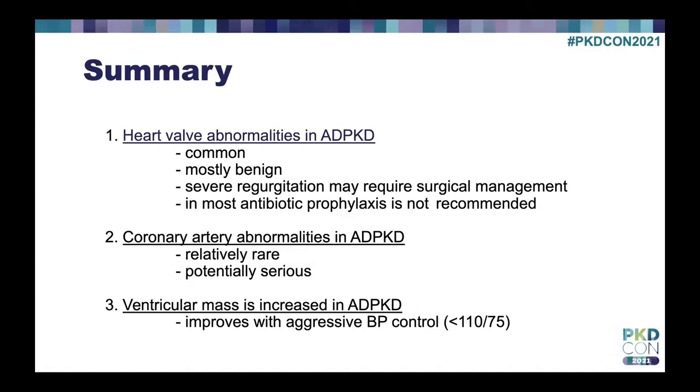Ventricular mass is increased in patients with ADPKD. However, it improves with aggressive blood pressure control, and this is why we suggest for young patients or moderately old patients to have the blood pressure target 110/75 if the renal function is preserved.